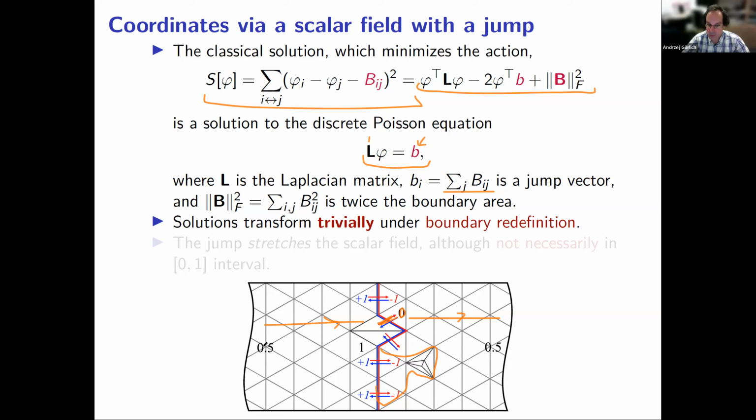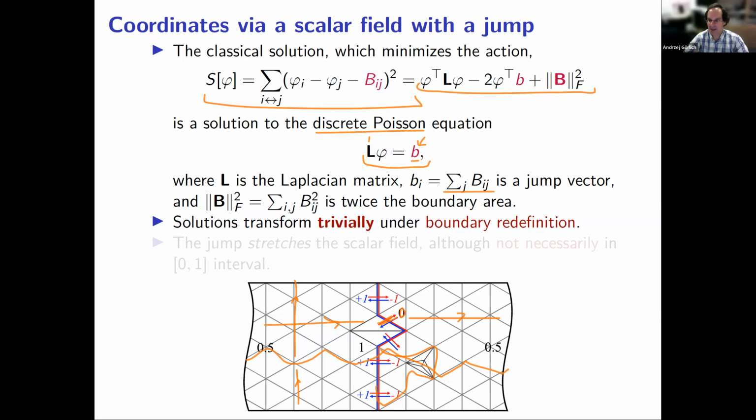Okay, and in the two-dimensional case, you could also have an orthogonal boundary, and then if you were to go in this direction, the second scalar field will also continuously grow from 0 to 1. And they are a solution. The classical scalar fields are a solution to the Laplace equation, or technically to the Poisson equation, but from a physical point of view, it's more like a Laplace equation, because this B term is not really physical.